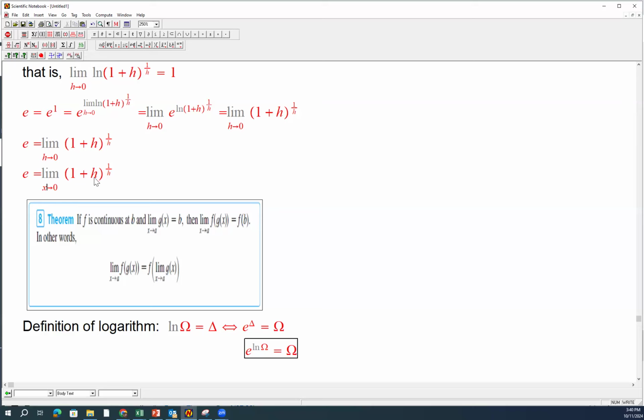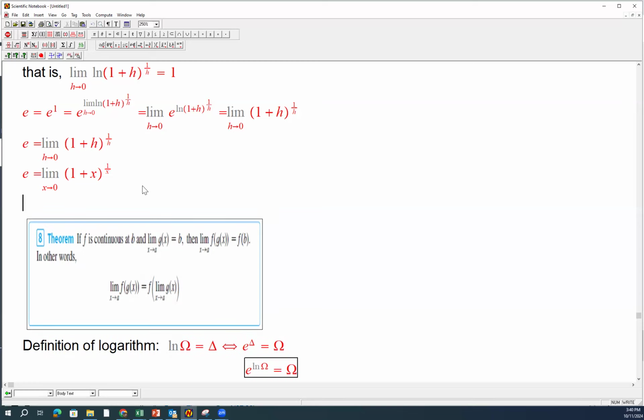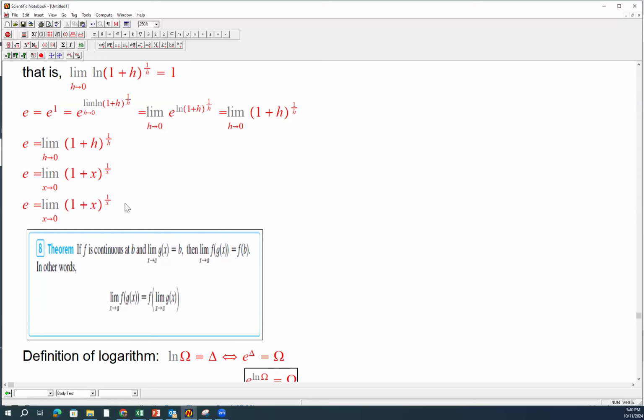Sometimes h is replaced, x is replacing h. So that's one version, that's another version. They all mean the same thing, really. Another version is replacing x by n, as a subsequence of x approaching 0, which also works.